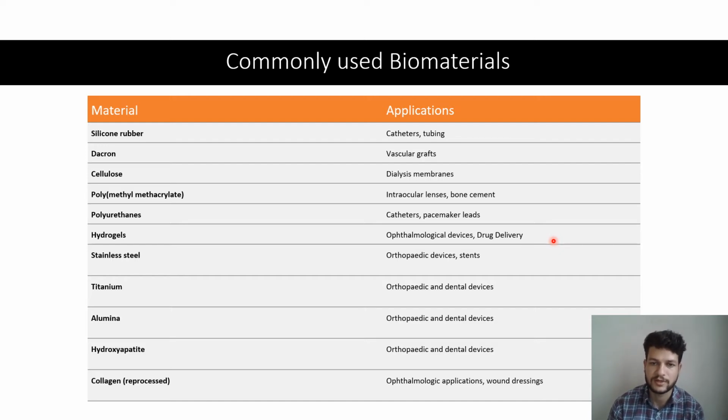Stents are used in case of coronary artery blockade, where they can widen the blockade of the coronary artery. Titanium, aluminum, and hydroxyapatite are used in orthopedic devices and to make different dental devices for dental procedures because of their toughness, and because they are very hard materials.